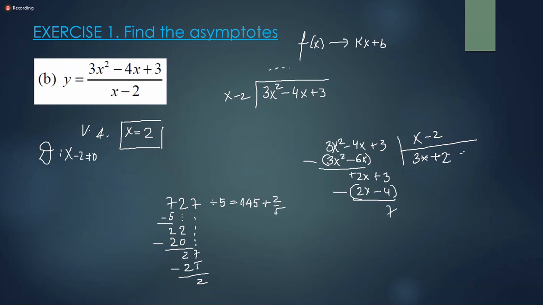So I have to write plus 7 that could not be divided to the end. So I see that this function is actually 3x plus 2 plus 7 over x minus 2. I divided out the polynomial.